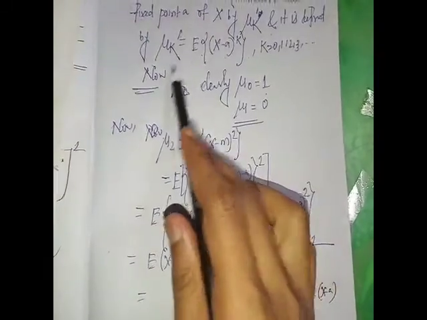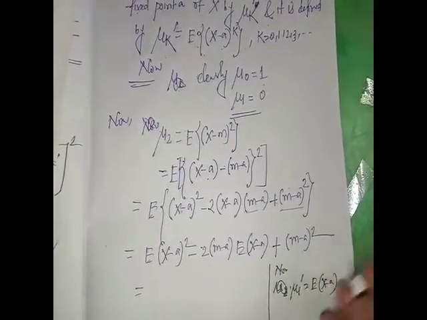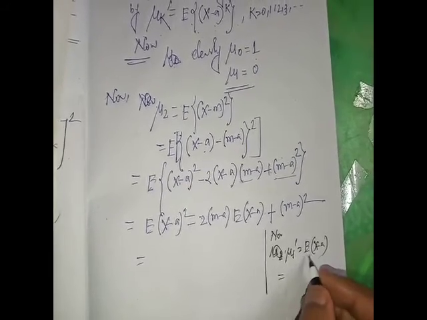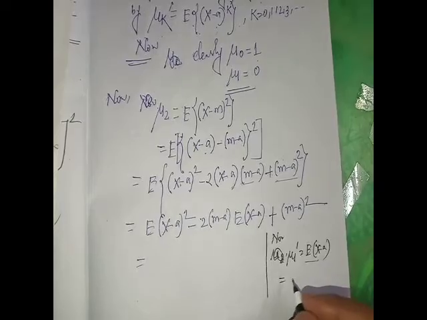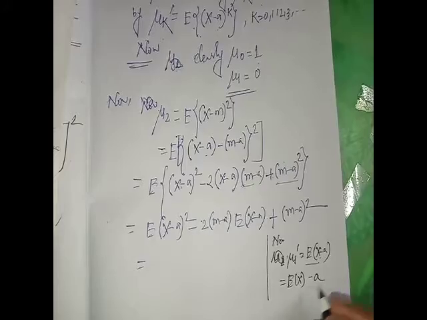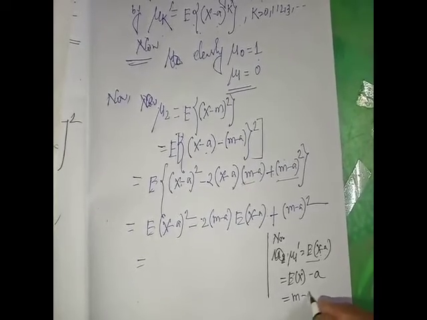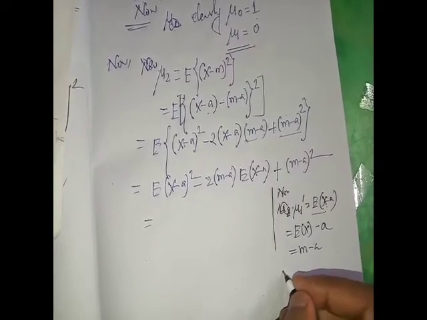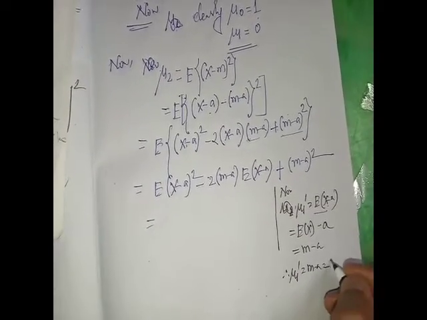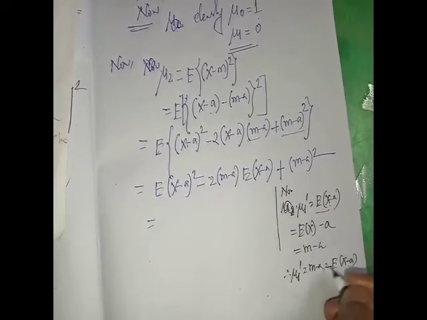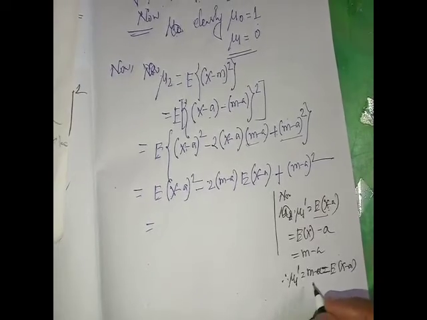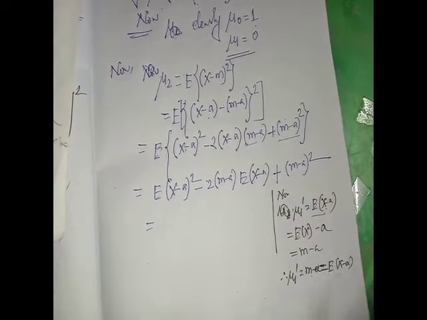Since expectation satisfies the linear property, expectation of x minus expectation of the constant term a, that is, expectation of x means m, minus a. Hence, therefore, mu 1 dash equal to m minus a, equal to expectation of (x minus a).